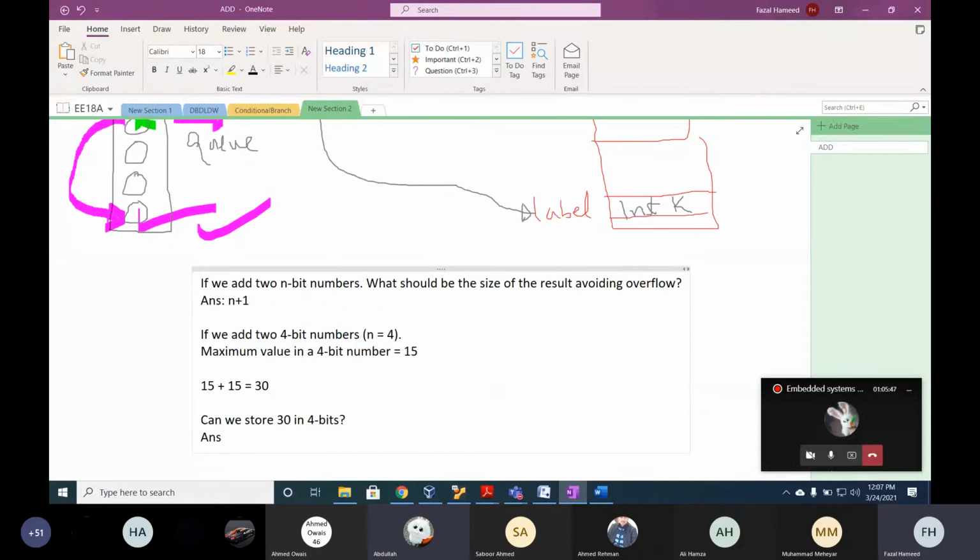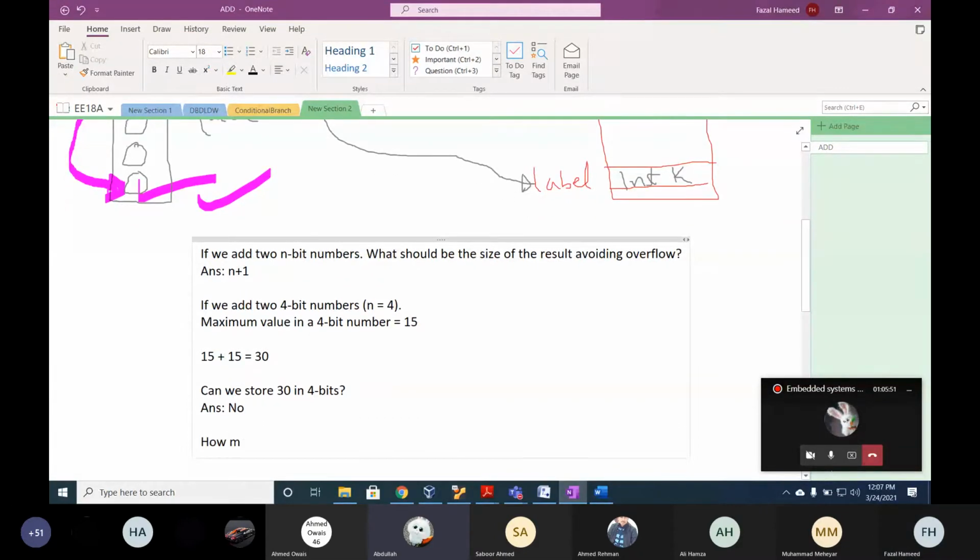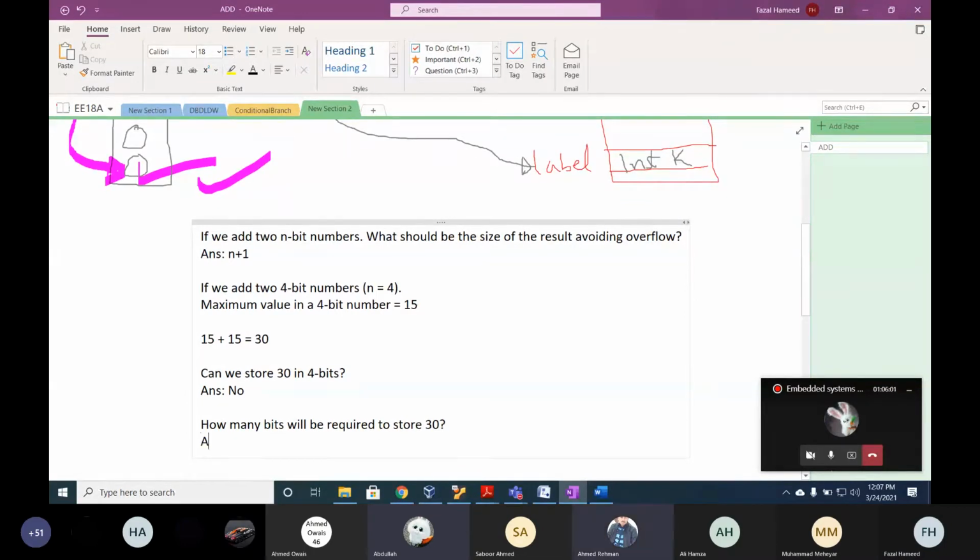No, sir. Overflow. How many bits are required? 5 bits. And 5 bits is actually N plus 1.